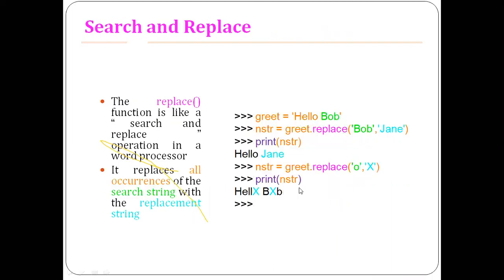You can also search for a substring in a given string, and all occurrences of that character or substring will be replaced with something else. To do that, there is a function called replace. This replace function will replace every occurrence of a substring with another substring, like a search and replace operation in a word processor.